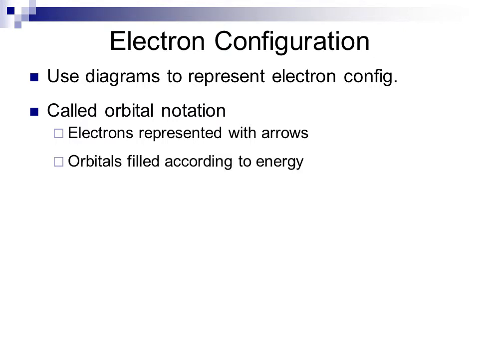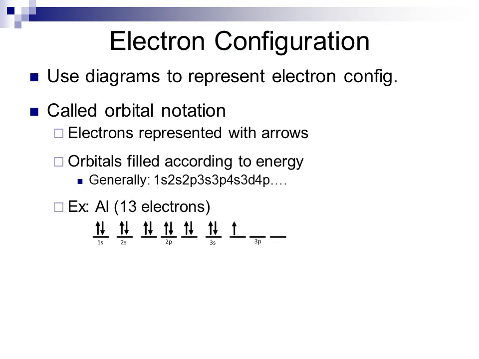And if we look at orbitals that are filled, as we discussed, orbitals are generally filled according to their particular energies. So in general, we'll have a 1s orbital, then a 2s orbital, then a 2p orbital, then a 3s orbital, so on and so forth. If we have, for example, the element aluminum, aluminum consists of 13 electrons. Filling up electrons in these orbitals, we have the 1s, the 2s, the 2p, the 3s, the 3p, in order, as we see above.